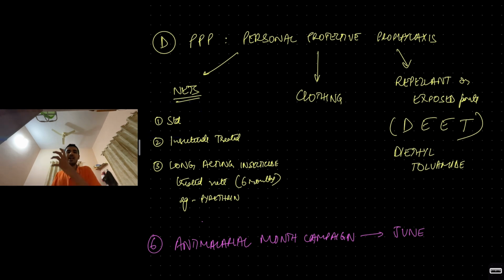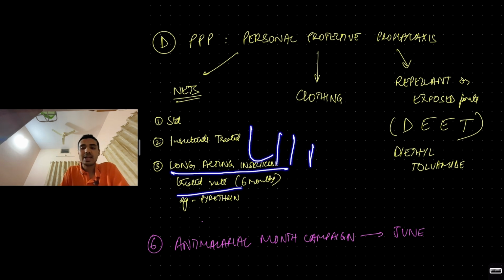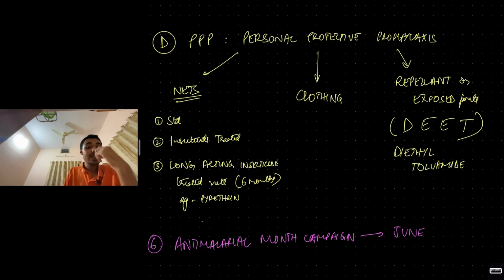Some tear will be there, some small hole which is bigger than the size of the mosquito. So you treat it with insecticides. That also, some insecticides will only last for a short while. Best is long-acting insecticide treated nets, LIN nets. Long-acting insecticide treated nets, for example pyrethrin treated nets.